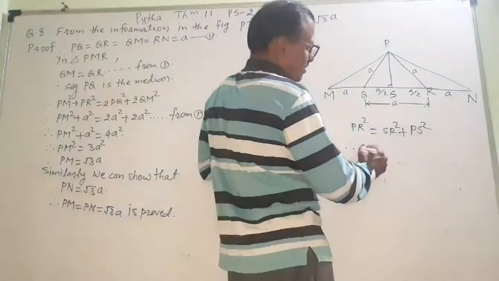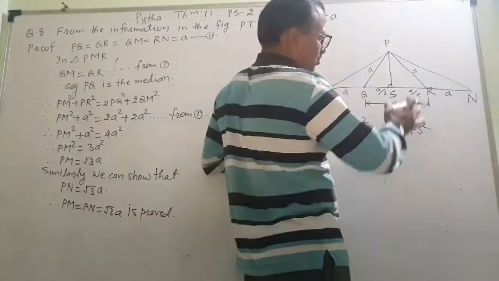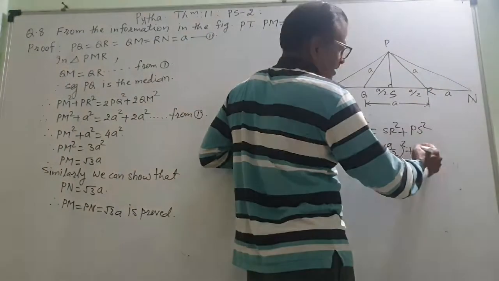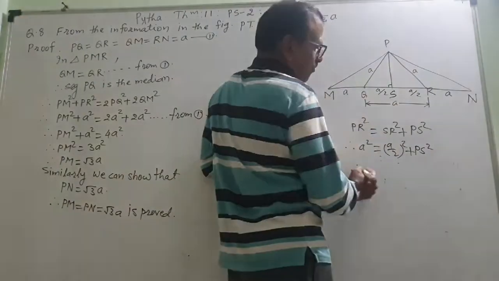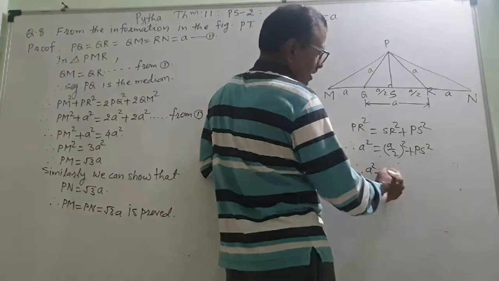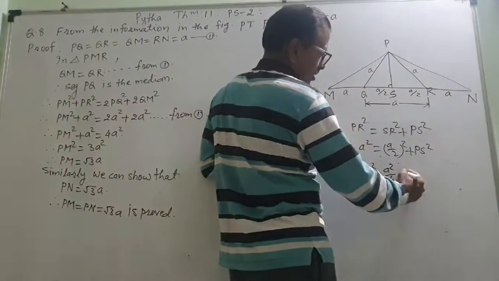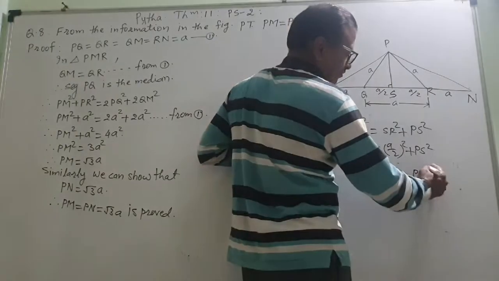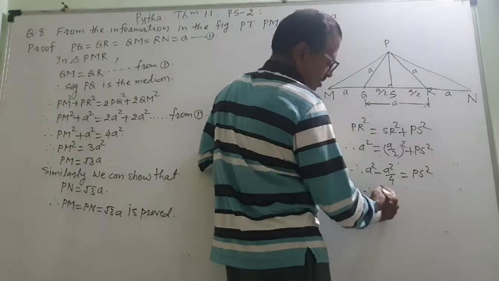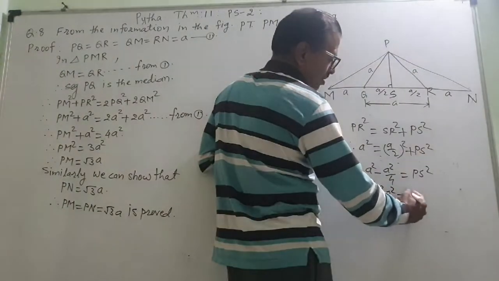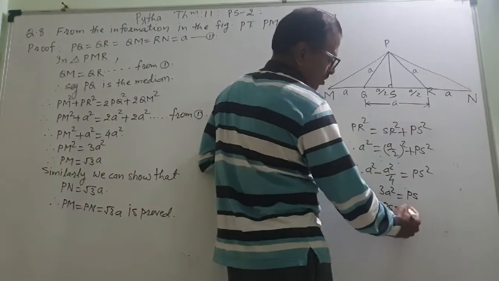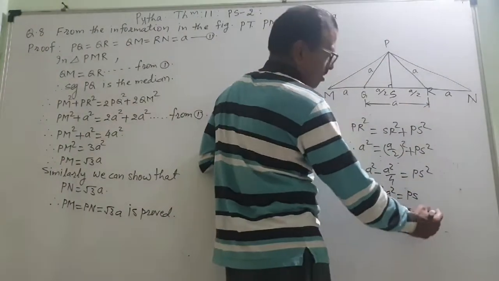Therefore, PR square means A square is equal to SR, which is A by 2, its square, plus PS square. Therefore, A square minus A square upon 4 is equal to PS square. Therefore, 4A square minus A square, 3A square, is equal to PS square. Therefore, PS is equal to root 3A.